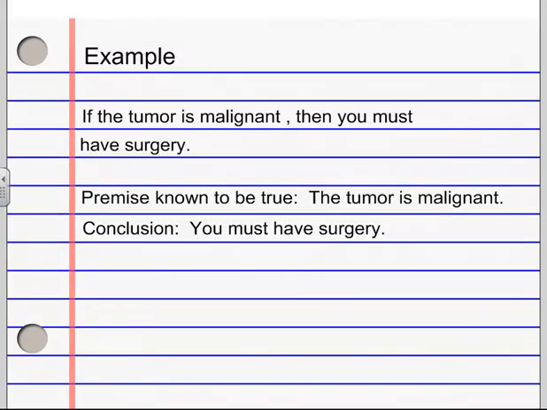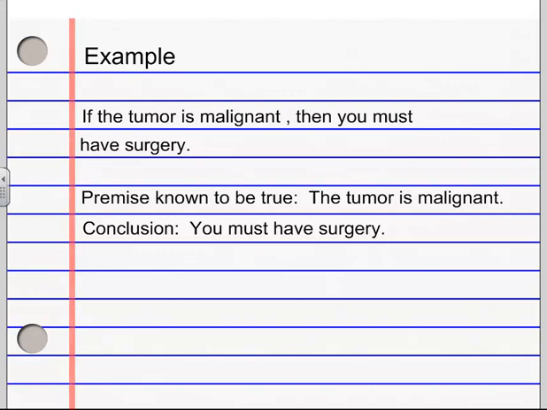So let's take one that has just a single premise, and let's prove that this is a true argument. So here's our compound statement. If the tumor is malignant, then you must have surgery. So this is an if-then statement made up of two simple statements. If the tumor is malignant, and for those of you who are not familiar with the word malignant, that means it's cancer.